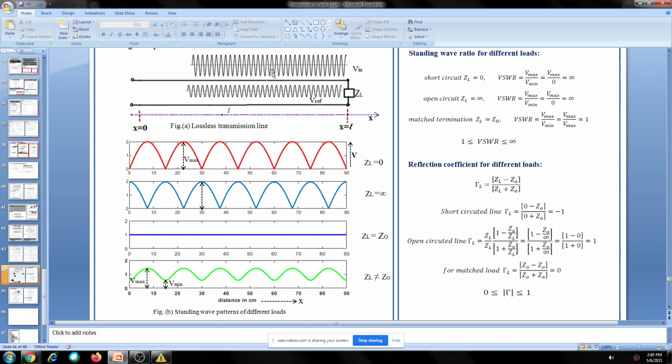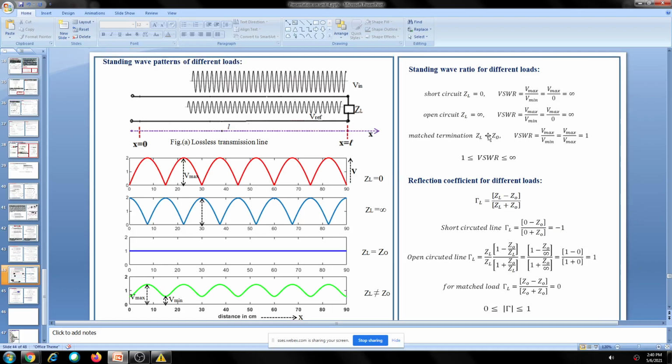Standing wave ratio is given by V maxima divided by V minima. For a short circuit, what is the value of VSWR?